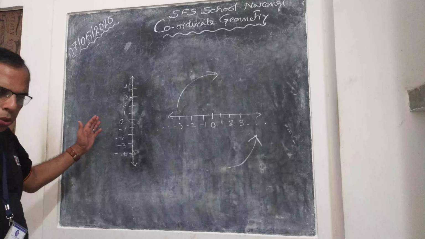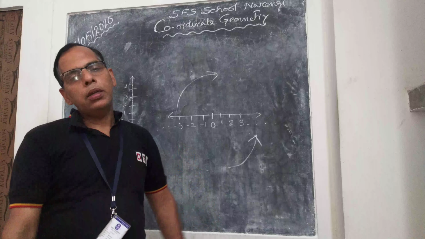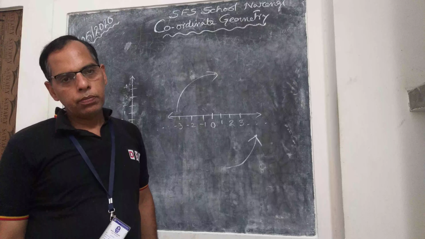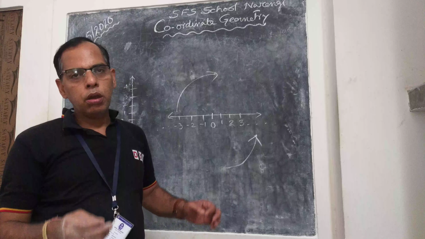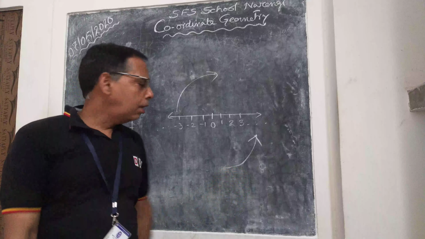And when these two combine together, we will get a coordinate, a coordinate of a particular point, both lengthwise and breadthwise. Let's see.